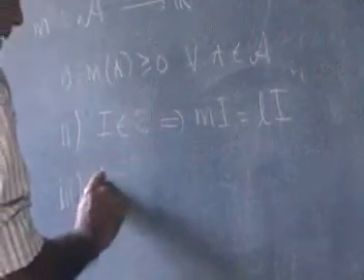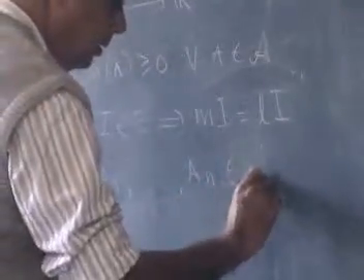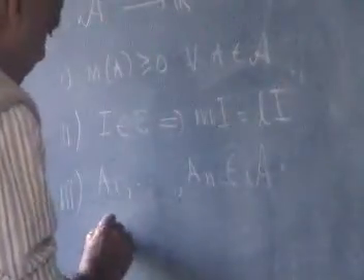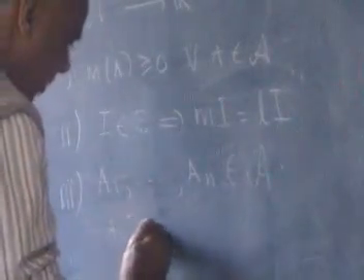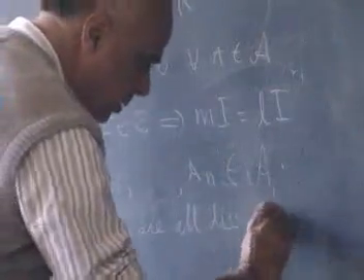Third, if A1, A2, ..., An are in A and the Aj are all disjoint. Now let's see what happens. Let me write here.